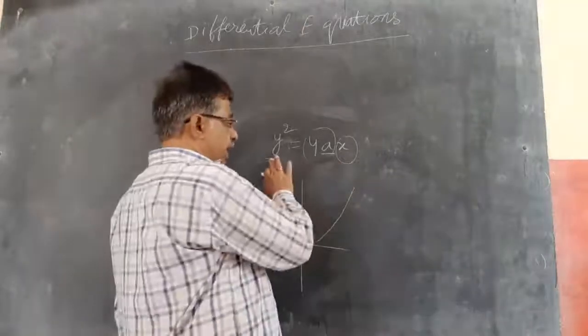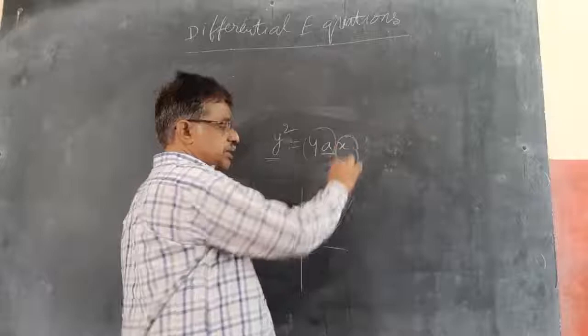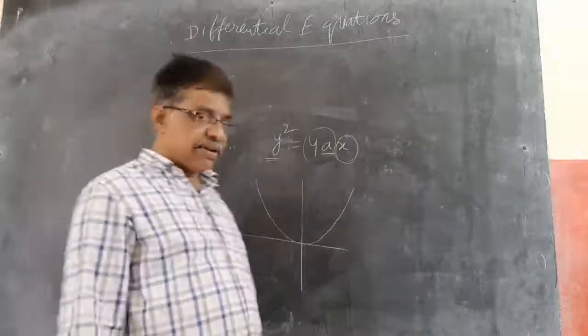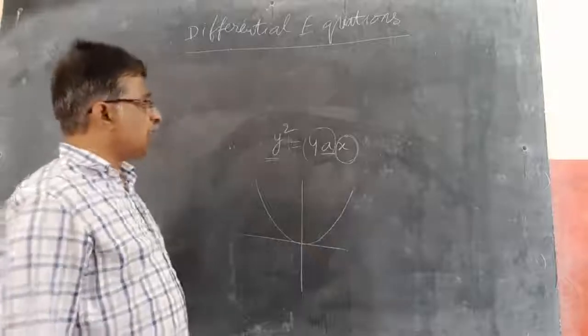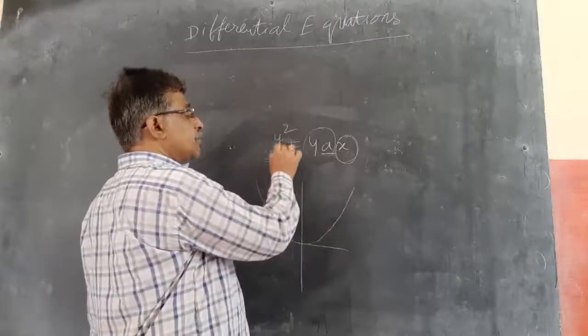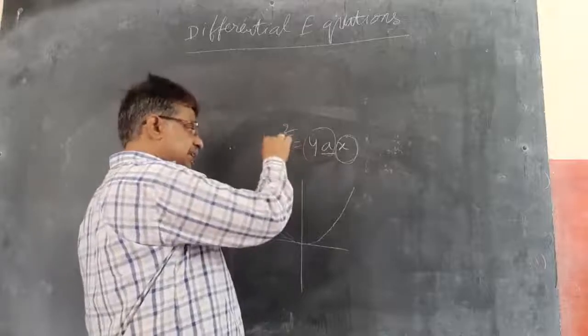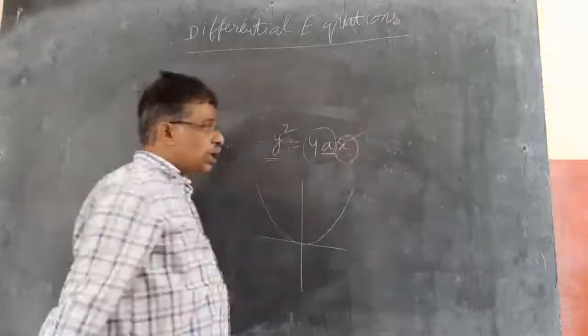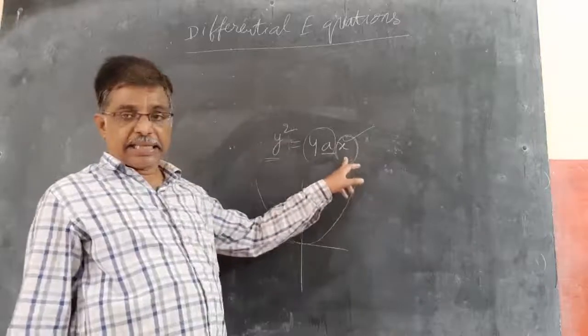Now y depends on x. So a differential equation involves a dependent variable, here y, and differentiation of this with respect to an independent variable. Here x does not depend on anything.